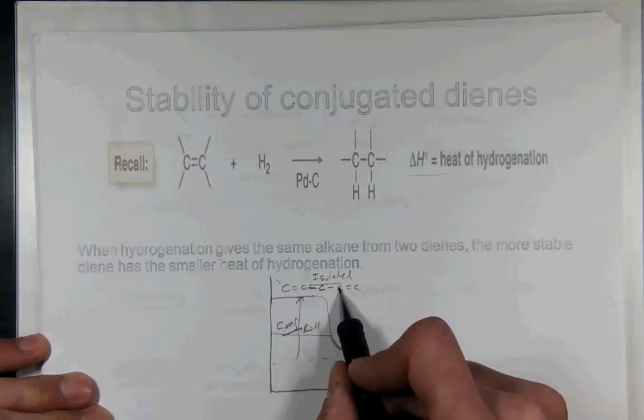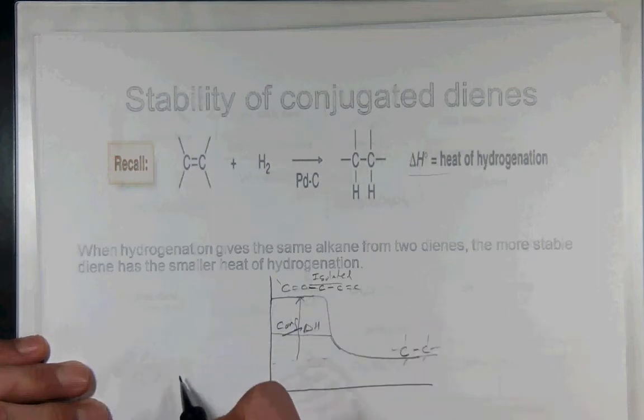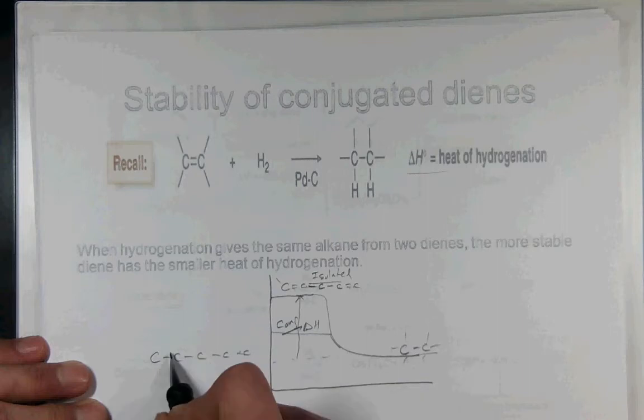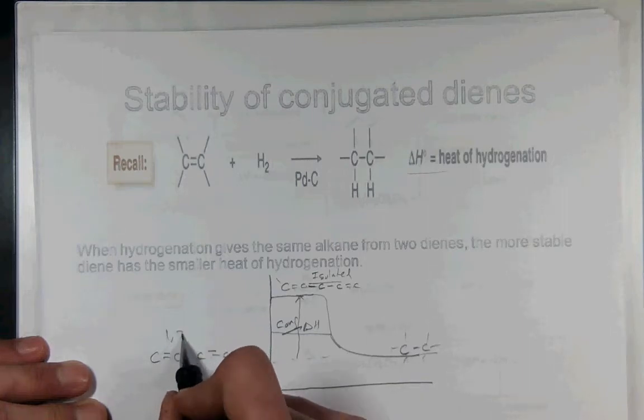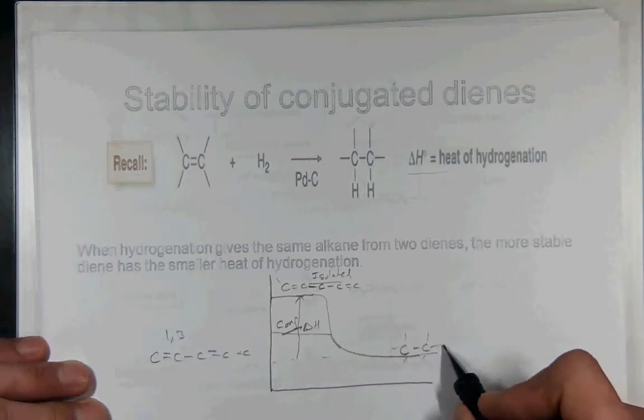So this is 1, 2, 3, 4, 5. So 1,4 pentadiene. We could have the conjugated 1,3 pentadiene. They're isomers of one another. They'll give you the same product, simply pentane.